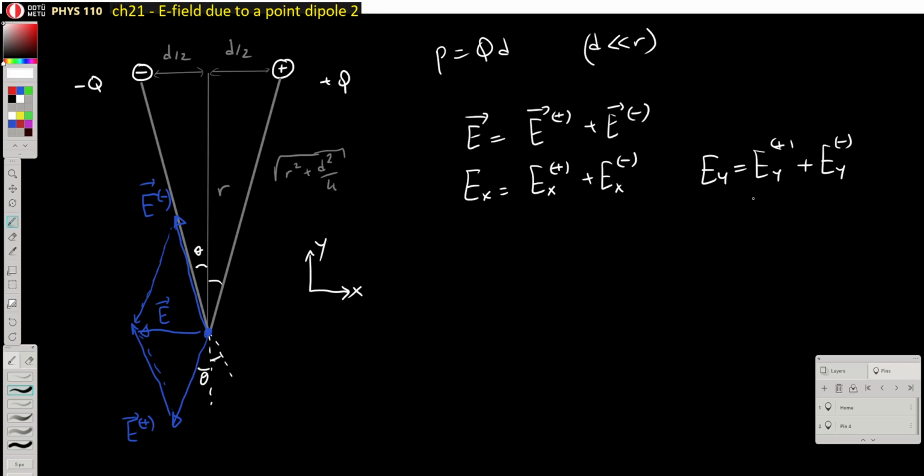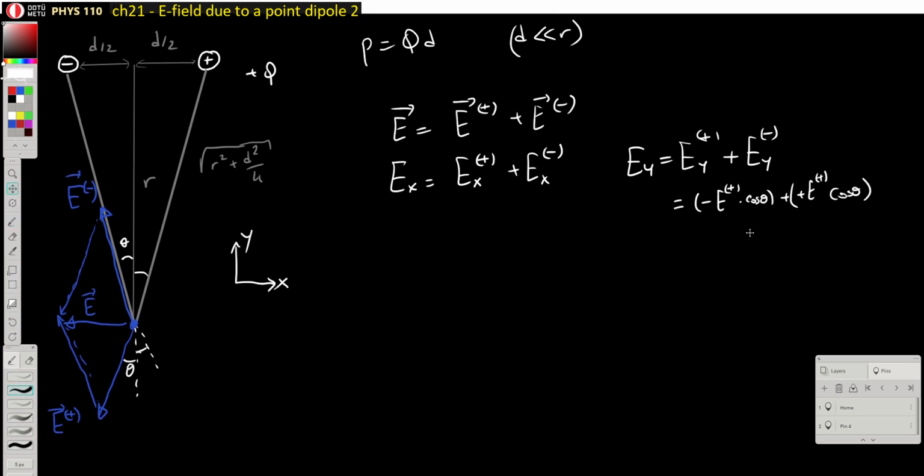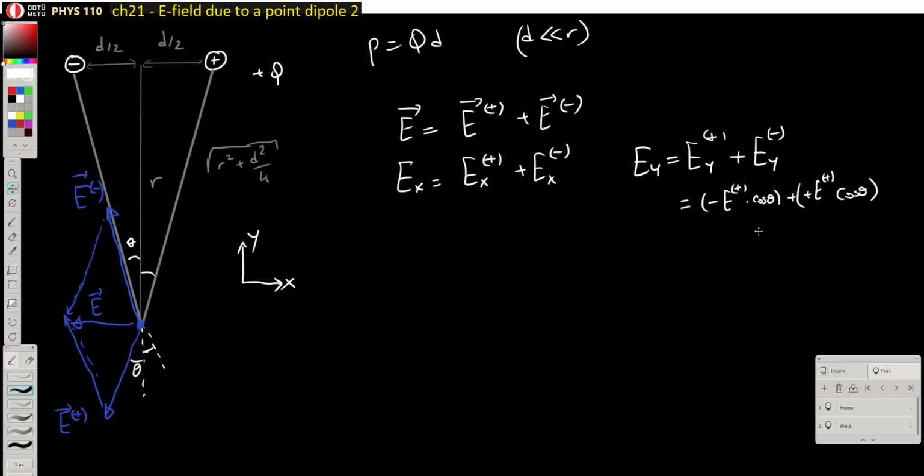Let's see, I'll start with the y component. E plus has a negative y component, which is the magnitude of the electric field, E plus, multiplied by cosine theta, and E minus has a positive y component, also E minus cosine theta. In this case, it appears that the y component is equal to 0. That's apparent from the picture.